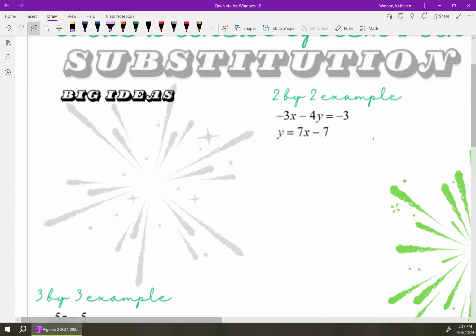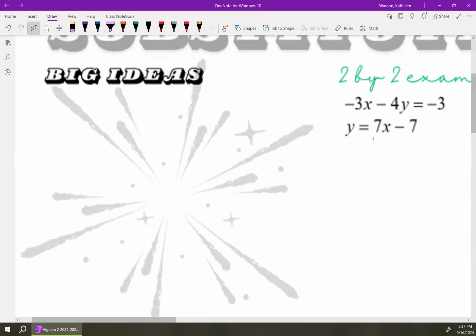There are some basic ideas that I want to make clear before we start. Your system is named for the number of variables and the number of equations that you have.